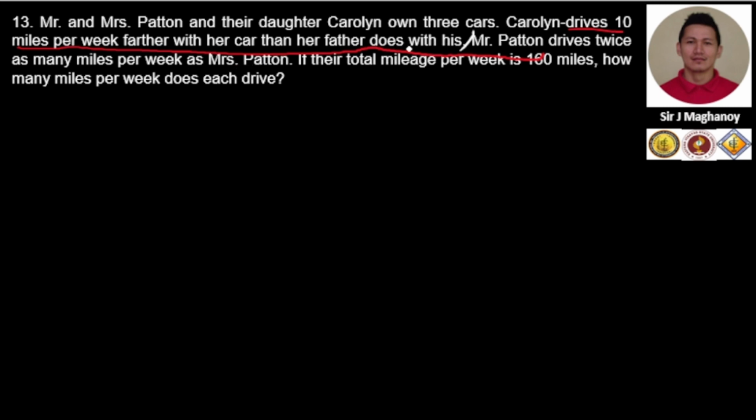Mr. Patton drives twice as many miles per week as Mrs. Patton. It is obvious in the statement that Mrs. Patton is not given an equivalent travel amount. So maybe she is the smallest figure, because in number problems we always start with x as the smallest figure, the smallest number.